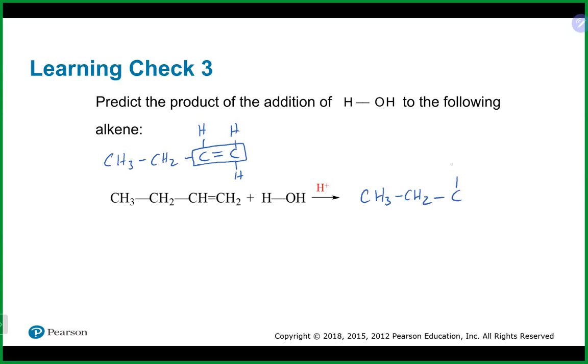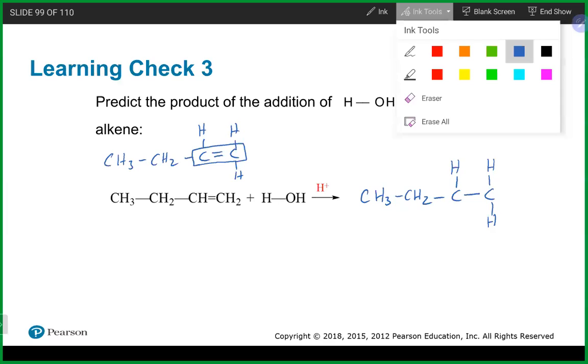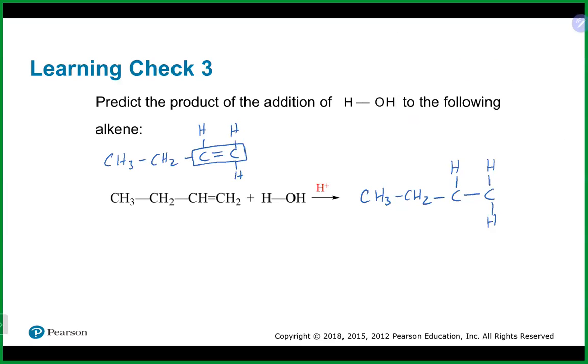And the difference is as we come across here, we're going to turn that into a single bond, and that's going to give us room to add what we are adding in this case, which is our hydrogen and our OH from water. And at this point, we do want to always look at the double bonded carbons and the hydrogens we have going on, which is why sometimes it might be easier to draw it out so you can see it a little bit easier.